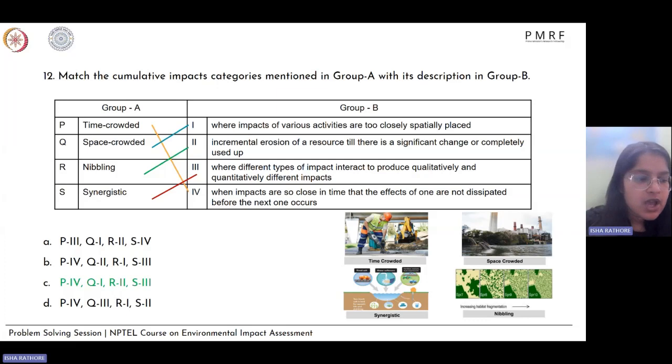So R matches with 2. And then synergistic cumulative impacts are when different types of impacts interact to produce qualitatively and quantitatively different impacts. So S matches with 3. So the correct answer is C, that is P matches with 4, Q matches with 1, R matches with 2, and S matches with 3.